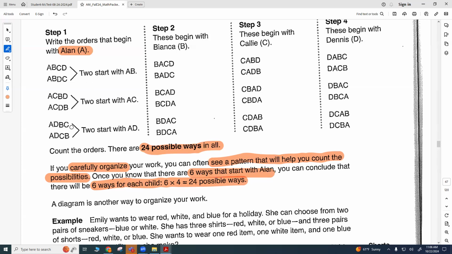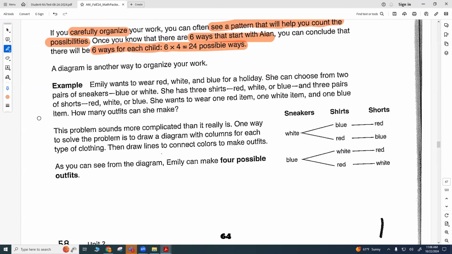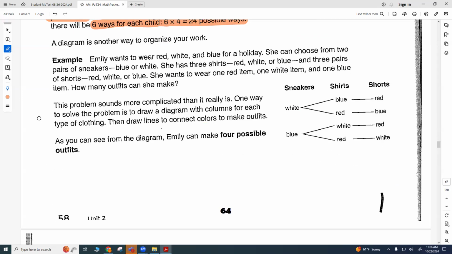If you can find these patterns as you organize, you begin to realize that for each child there are going to be 6 combinations with them in that first position in the photo. And then I could conclude that that would be true of all of the other 3 children. A diagram is another way you might organize your work.